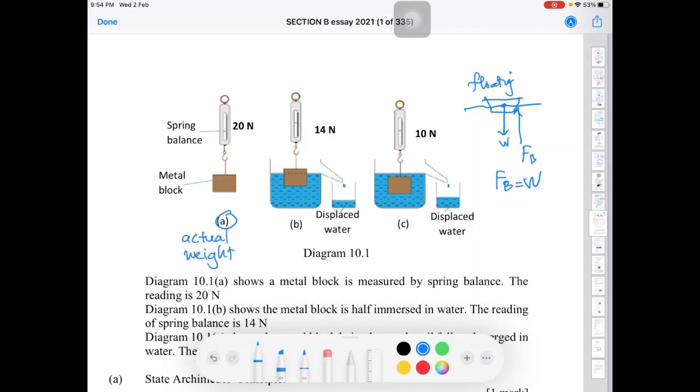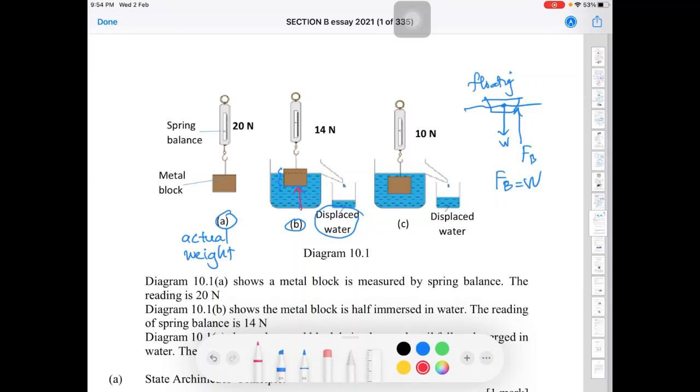Okay, tapi the B apa? B, benda tu you immerse in the water and you get the displaced water. Tapi bukan semua dia tenggelam. Jadi whatever you get is actually baru separuh daripada the volume yang tenggelam. Tapi you boleh dapat juga, ni dah ada dah you punya buoyant force.